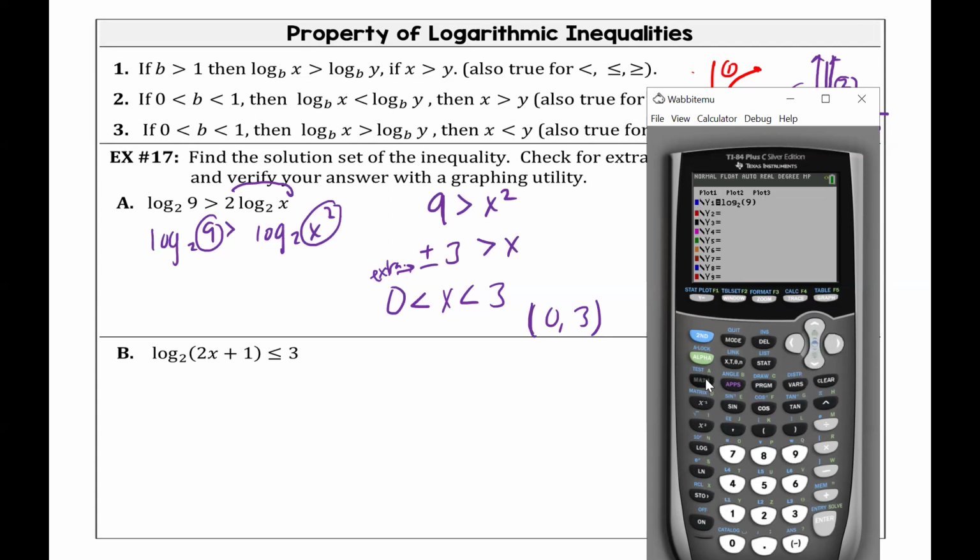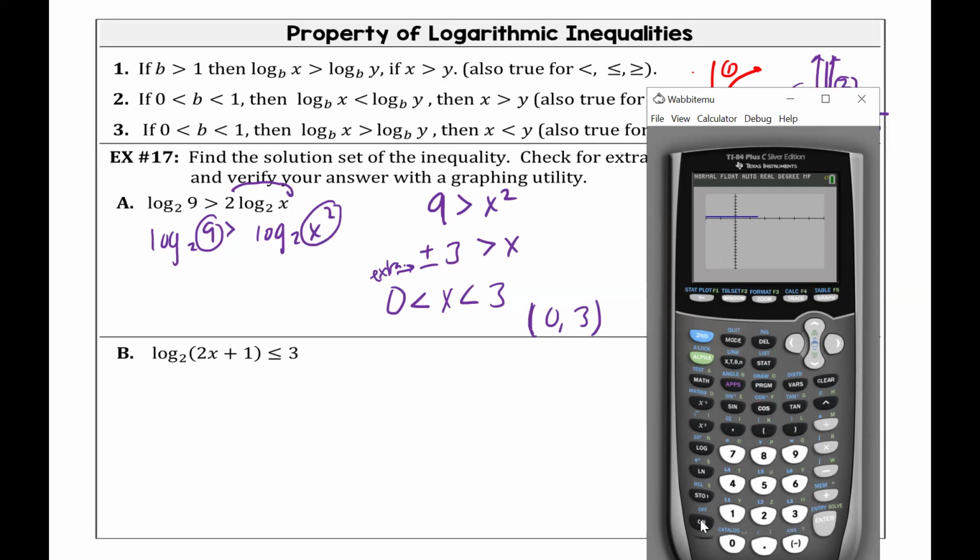And we're going to put log base 2 of x squared as our second one. Okay. And we want to know when is our log base 2 of 9 greater than log base 2 of x squared. So we're looking for when our blue is above our red, right? So we're going to hit graph.